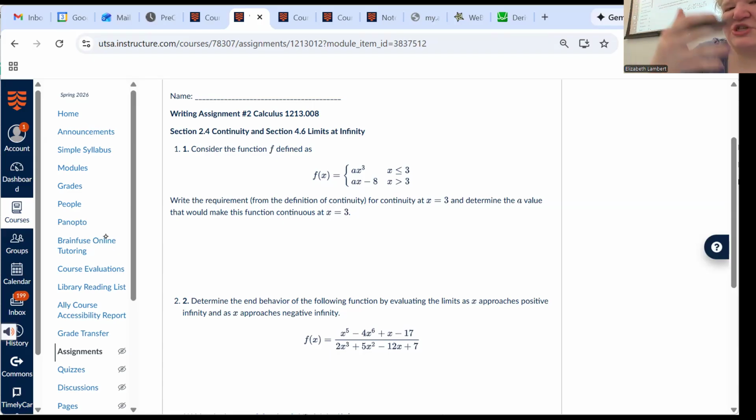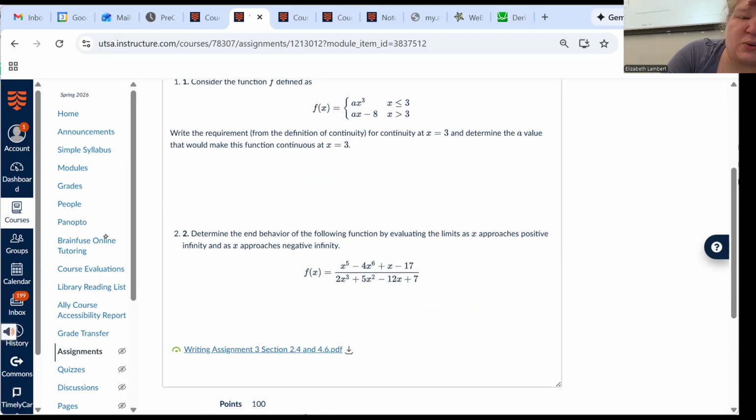If you look at the definition of continuity, we need the limit to exist, we need the function to have a value, and we need those two things to be the same. So the requirement is that third step, they all got to be the same. And then you're going to use that requirement to figure out what the a value is here. Hopefully there is an a value, because I actually forgot to work it out.